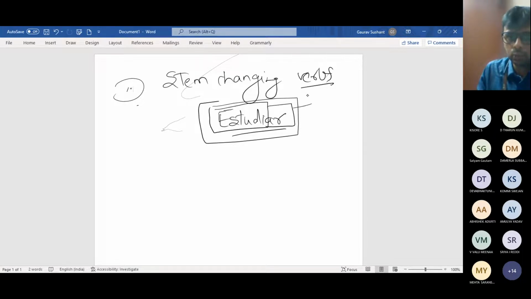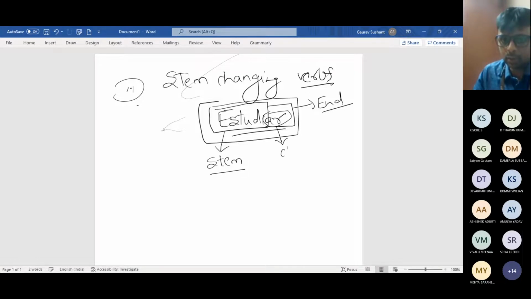One is the end part, which is the AR here, and another part is the stem part. When we talk of a regular verb, all the changes are happening in the end part, isn't it? Like with estudiar, when we were using it, it was changing to estudio, estudias, like that. The stem part was as it is, no change.